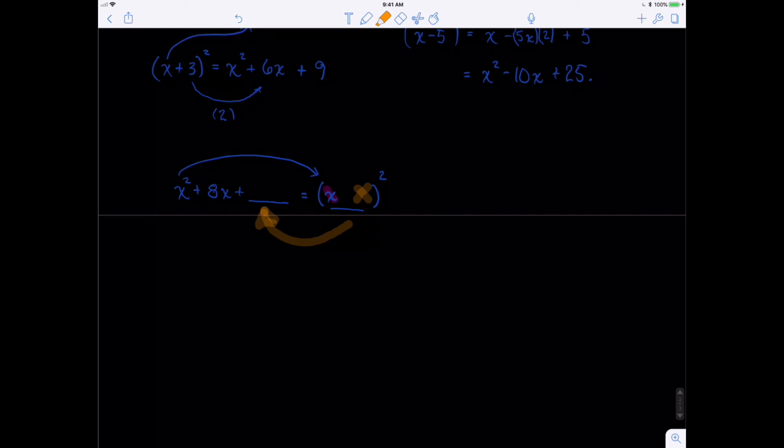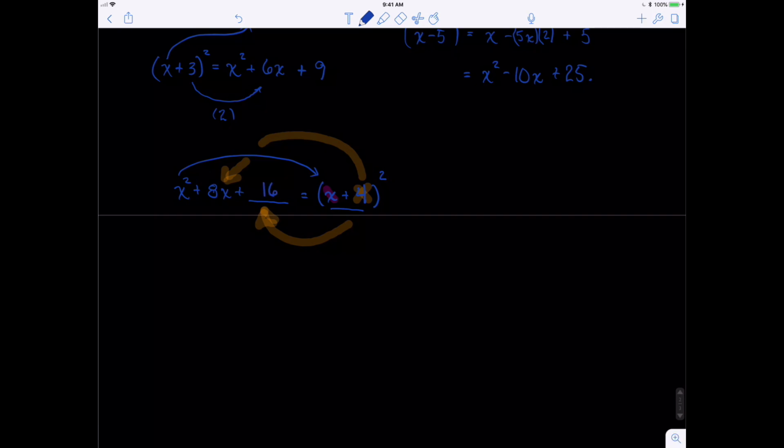And remember that whatever this orange number was, it was doubled to be put into this position here with the 8x. So what would I have to double to get to an 8? The answer is 4. So that means that this became a plus 4, and this last position is 16.